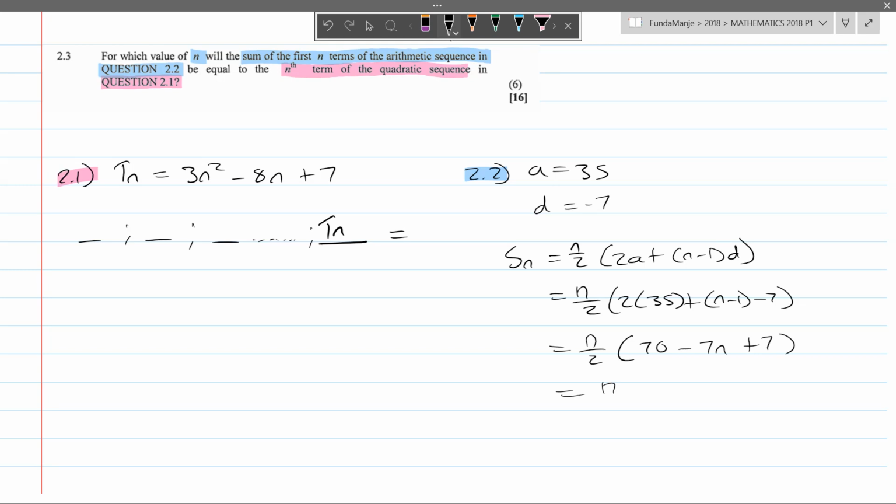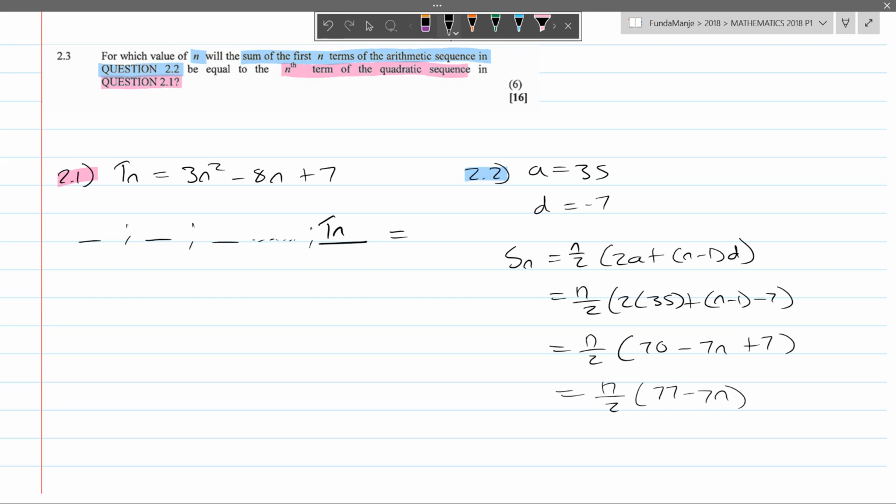Then we can further simplify this to n over 2, 77 minus 7n, and leave it at this point for now.